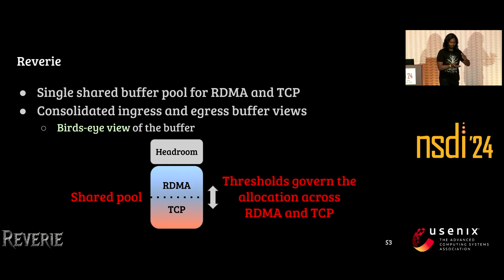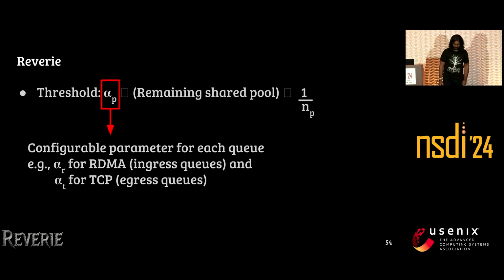The split and the allocation between RDMA and TCP is governed by the thresholds used in Reverie. The thresholds we use are similar to prior work, which is also our own work, ABM. The ideas carry on from there. We use a constant factor alpha, which is configurable.